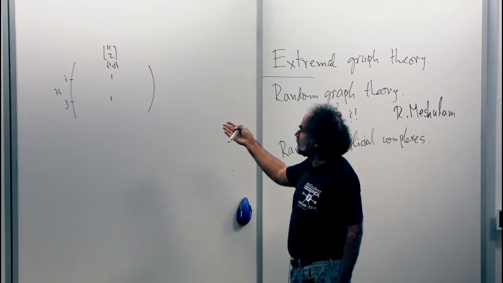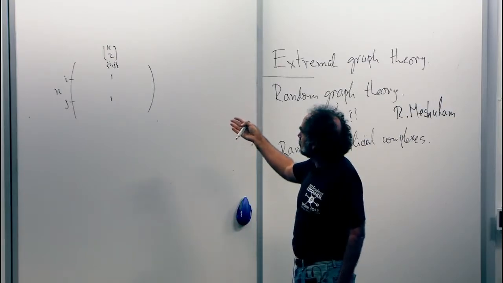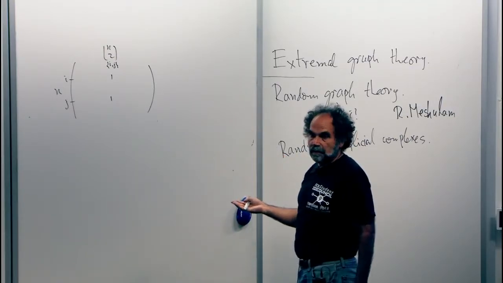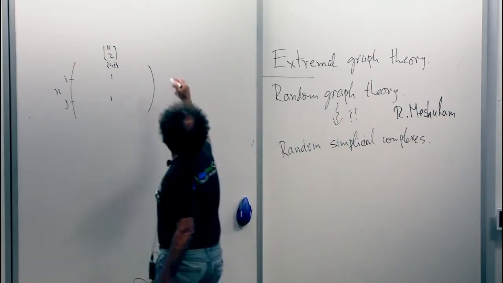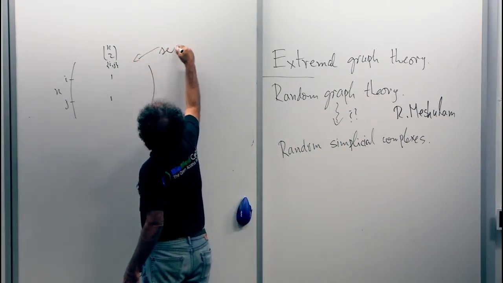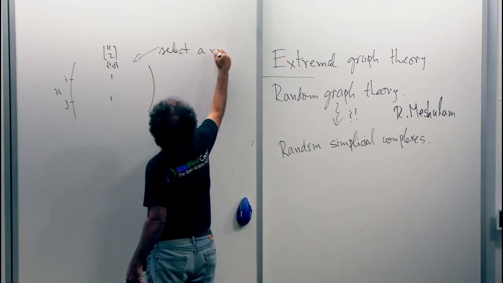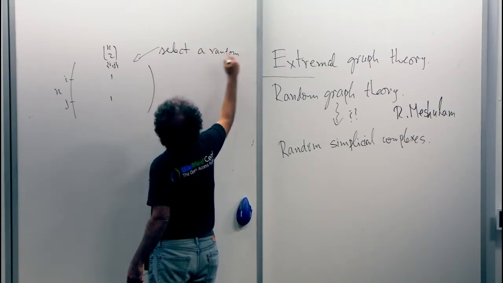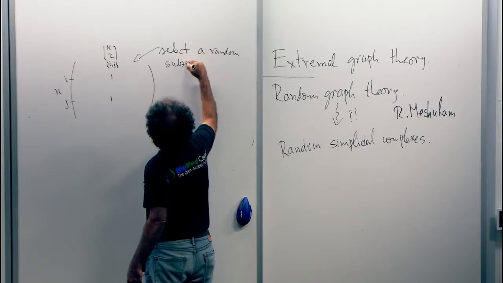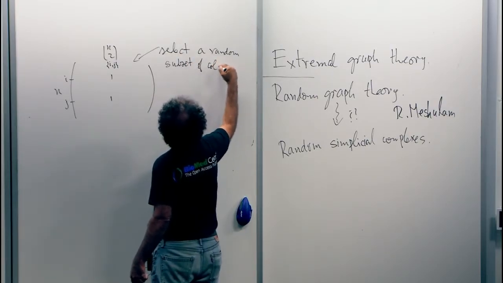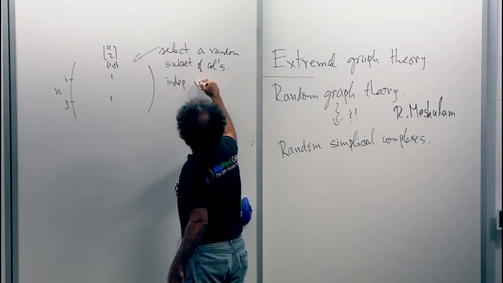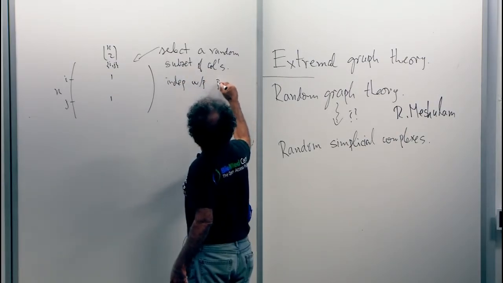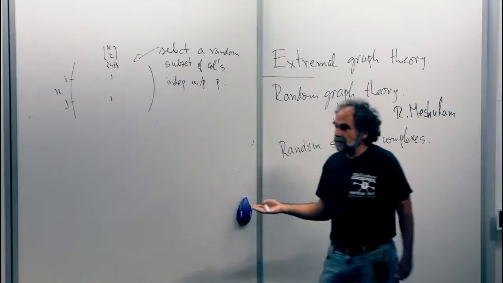This is the matrix that corresponds to the incidence matrix of the complete graph. And what do we do in GNP? We select a random subset of the columns independently with probability P.